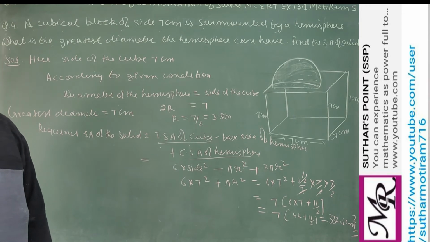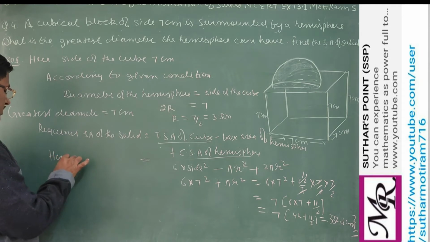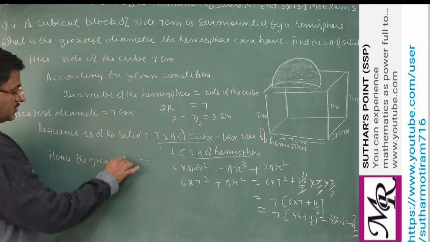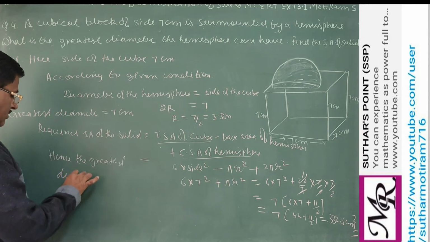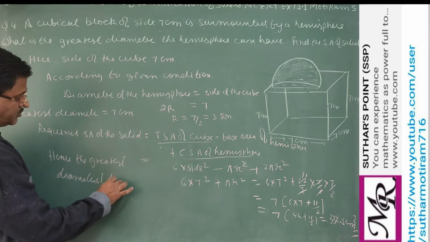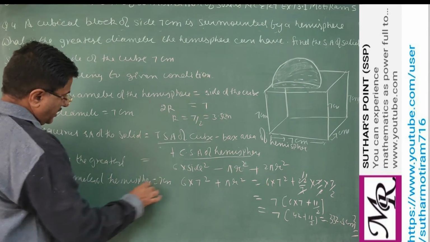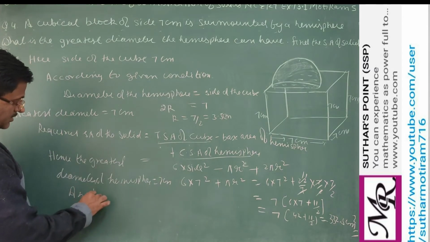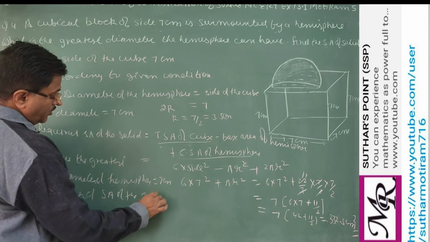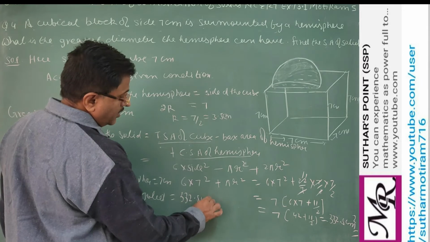Hence, write down the answers. Hence the greatest diameter of the hemisphere is 7 centimeter and the surface area of the solid is 332.5 centimeter square.